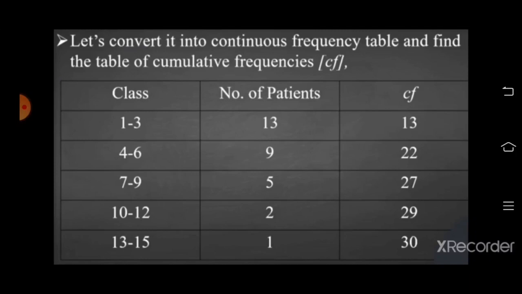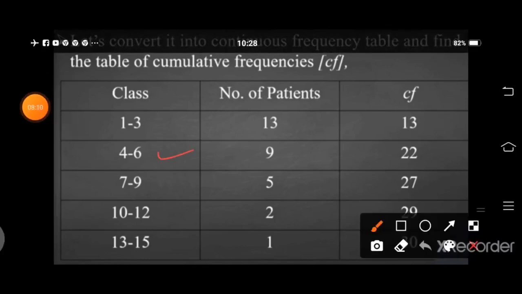We have to prepare the inclusive frequency distribution of equal class length. Therefore, the next second class will be 4 to 6. And the last class that includes the maximum observation 15 will be 13 to 15. The inclusive continuous frequency distribution is obtained as here.